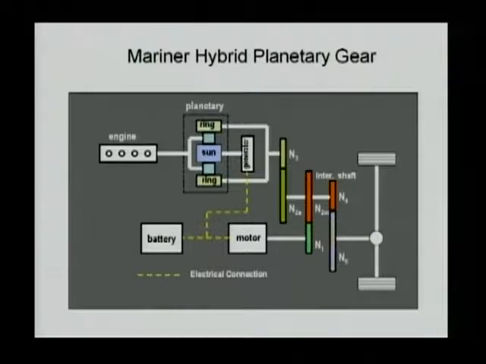If you look carefully, the ring gear is now connected to N2, and N2 is driving N2E. That N2E is mechanically linked to N2M and N4, so they're on the same shaft. Therefore, engine torque can now be transmitted through the sun gear to the ring gear, and then from the ring gear to the final drive. So the engine power is delivered from the engine to the ring gear, and from the ring gear to the final drive.